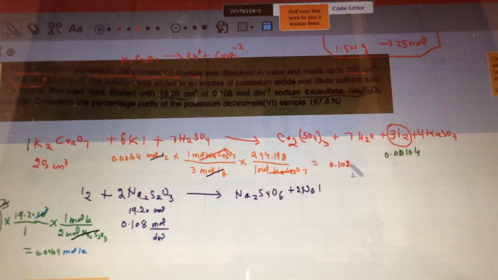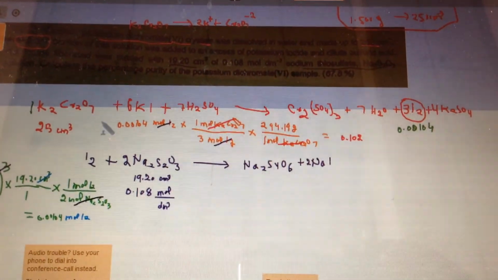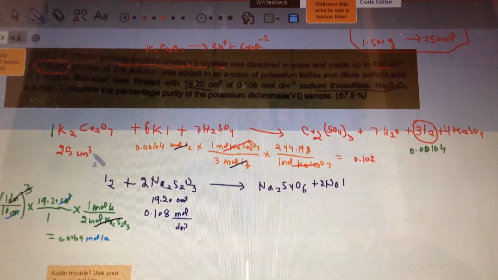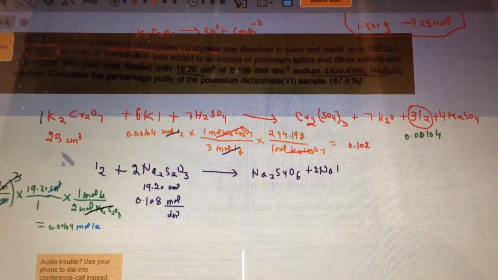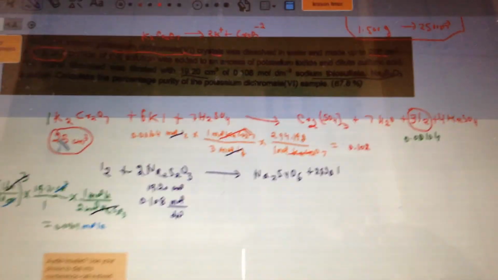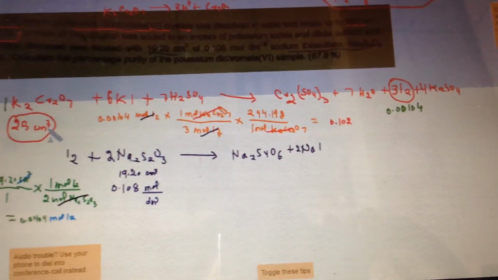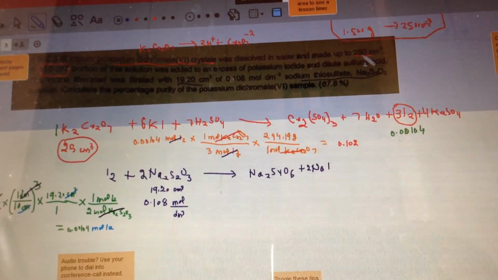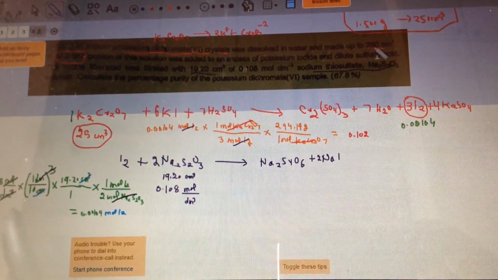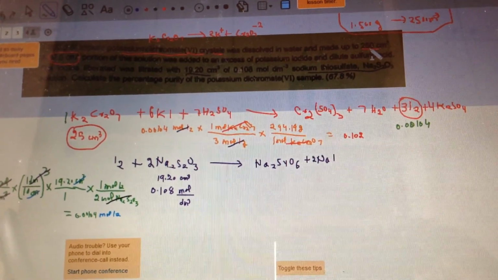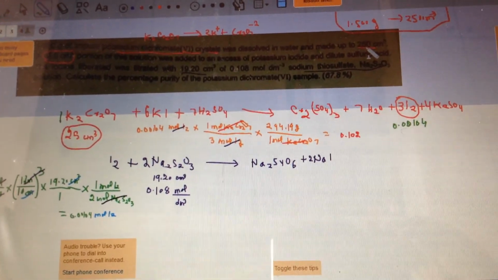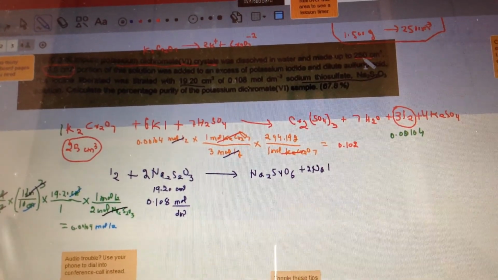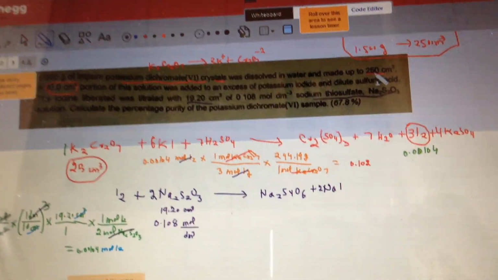Oh, I forgot a step there. Sorry about that. The step I forgot here: we have 25 centimeters cubed that was taken from the portion of 250 mL. So that means the total amount of K2Cr2O7 in the 250 mL of solution was 10 times what you have in only the 25 centimeter cubed portion of the solution.